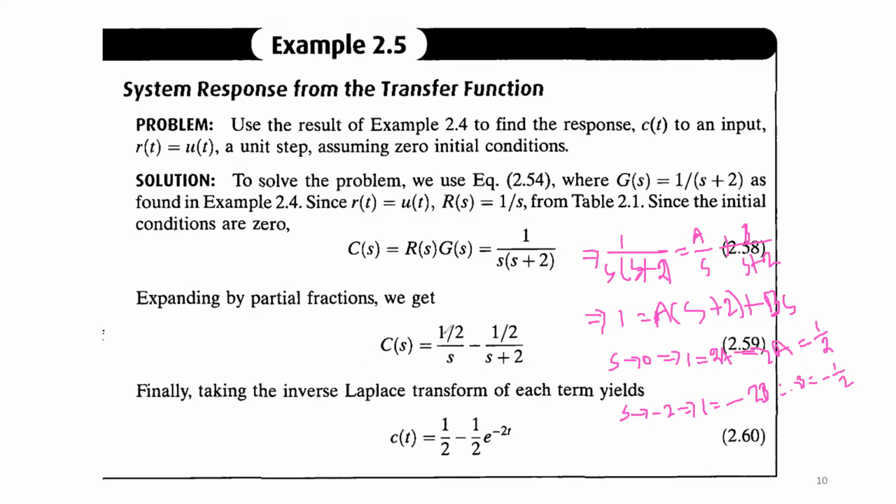Now put this value. A is half by s minus half by s plus 2. So 1 by s means 1, and 1 by s plus 2 means e to the power minus 2t. Instead of C(s), I have to write c(t).